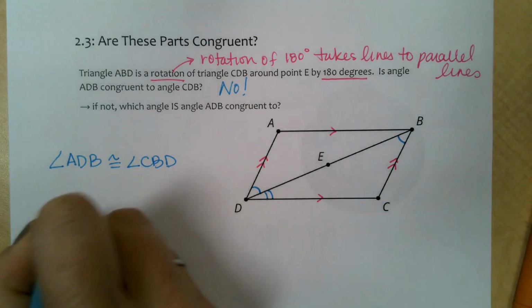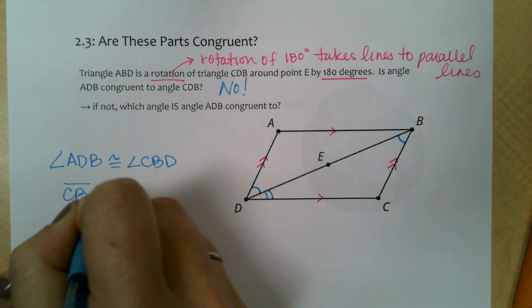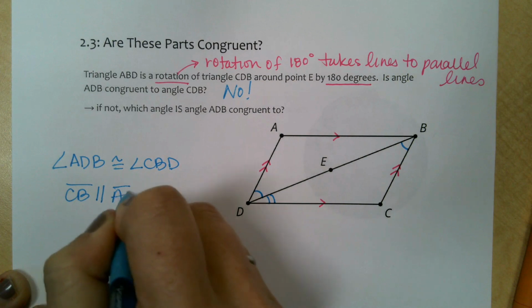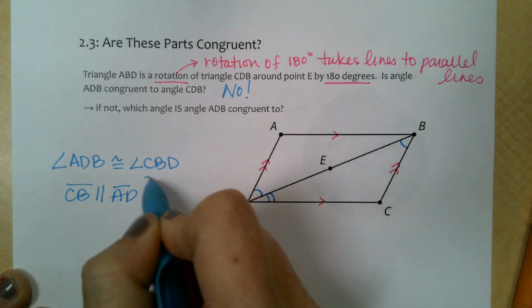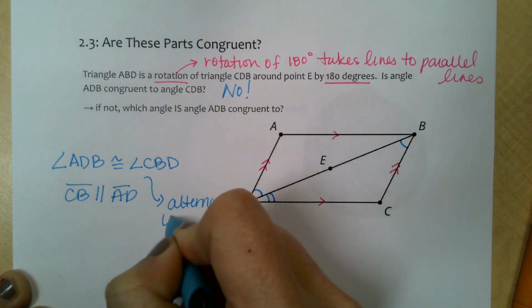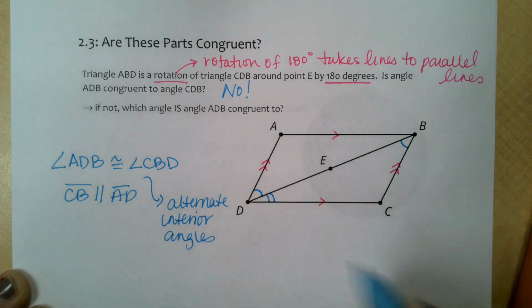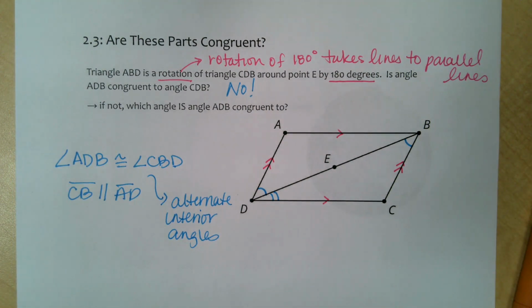And that's because we know now that CB is parallel to AD, and so these two angles are alternate interior angles. But remember, we could have used some patty paper here, okay?